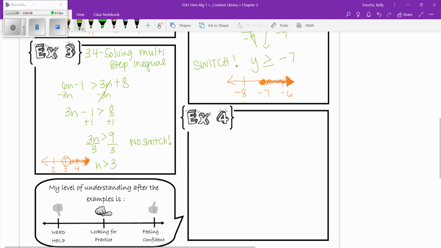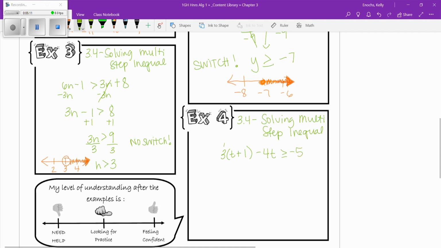All right, last one, still 3-4, solving multi-step inequalities. This one we're going to have a set of parentheses, so we're going to have to distribute. So I have 3 times the quantity t plus 1 minus 4t greater than or equal to negative 5.